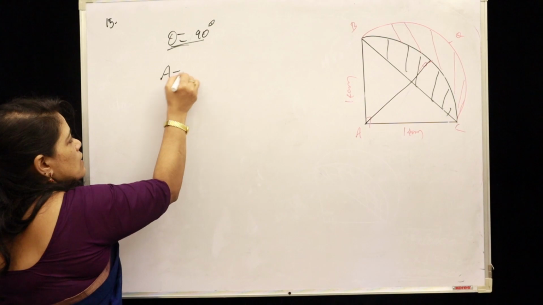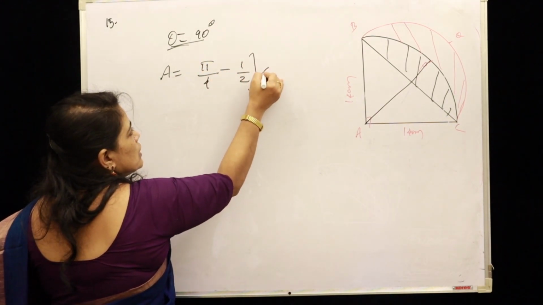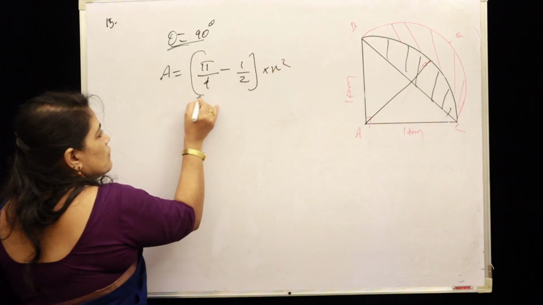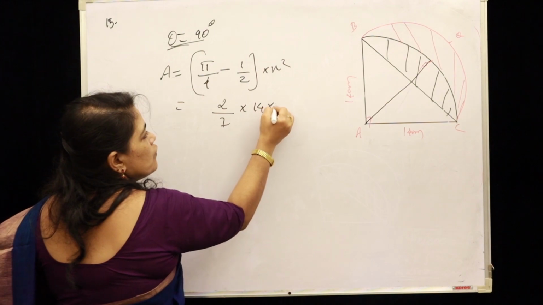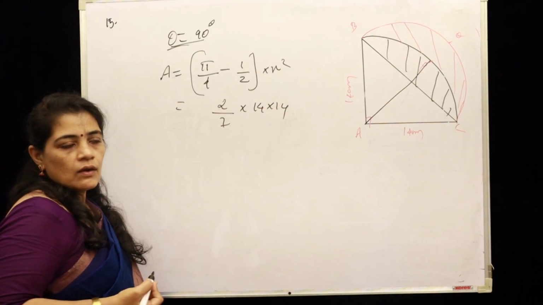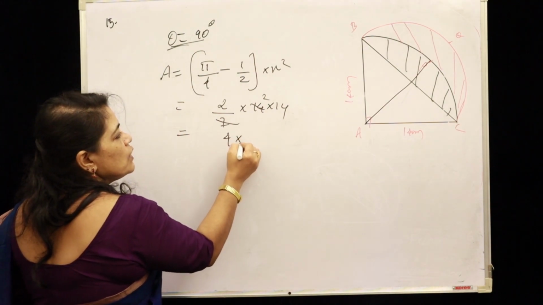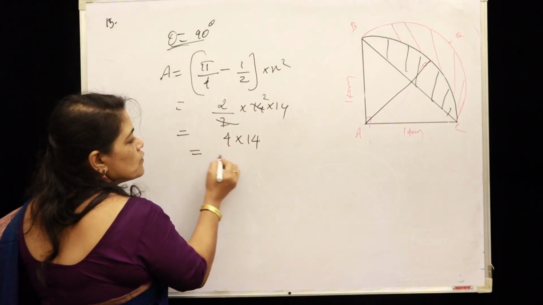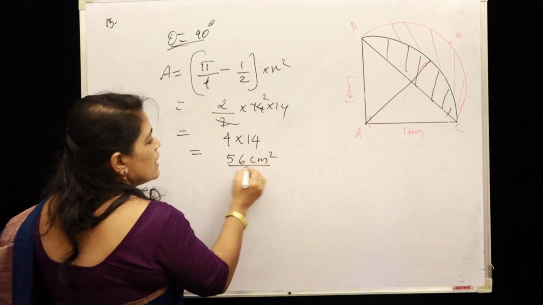That is A is equal to pi by 4 minus 1 by 2 into r square. And we have seen that this is 2 by 7 into 14 into 14. That is here 2 times, that is 4 into 14, that is 56 centimeter square.